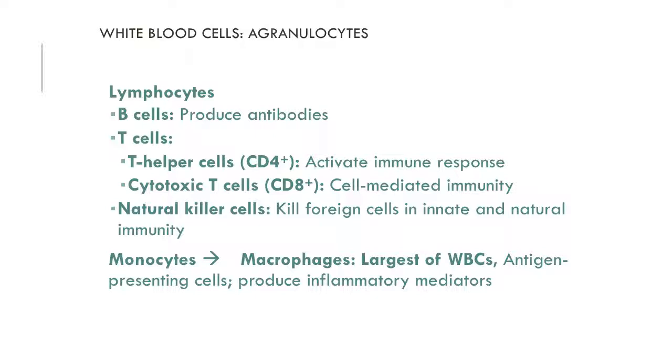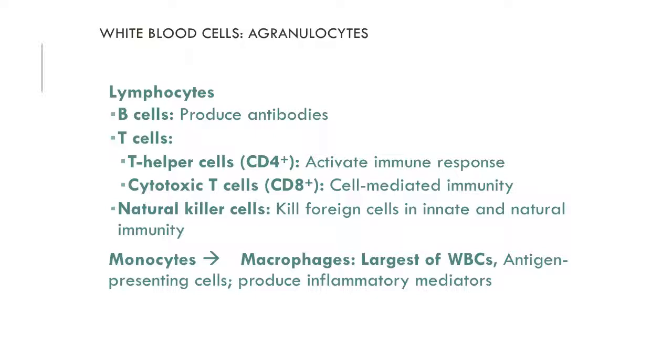T cells form in the thymus, so, T for thymus. They consist of our T helper cells, which are also known by CD4. CD comes from the term clusters of differentiation that defines the surface proteins that are on those T cells.